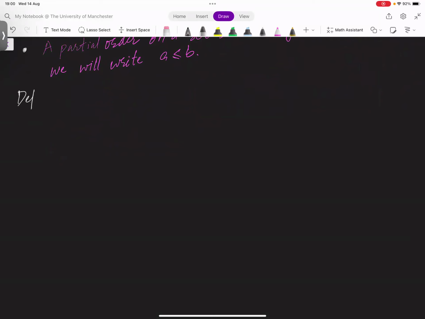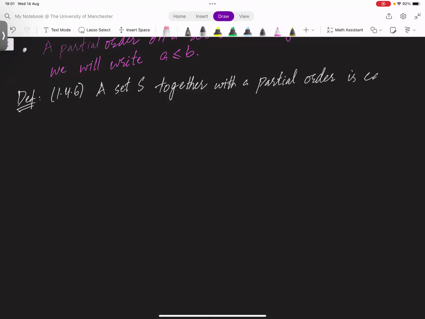Definition 1.4.6. A set together with a partial order is called a partially ordered set, or you can also say poset.